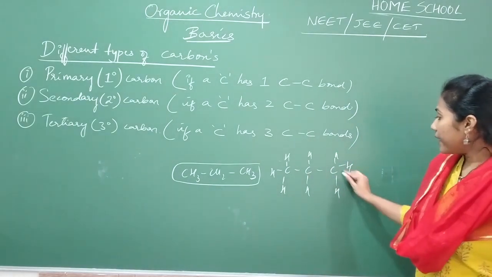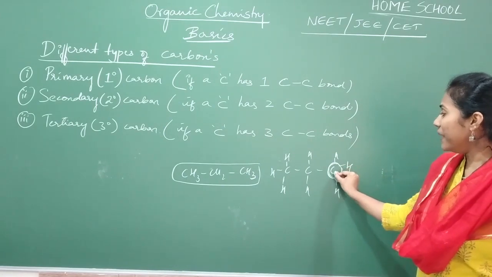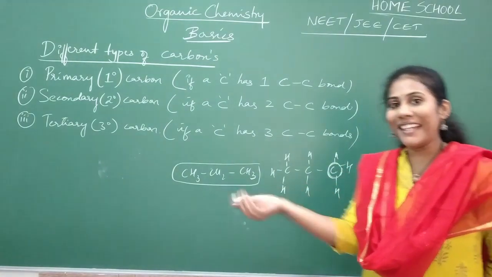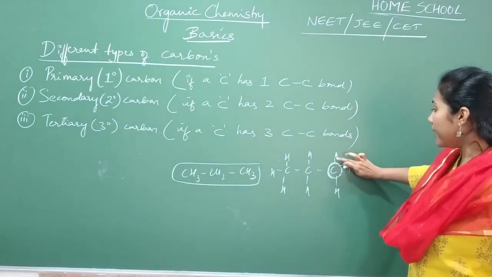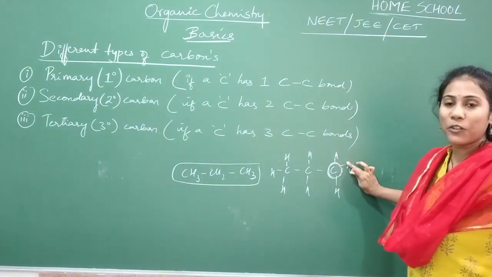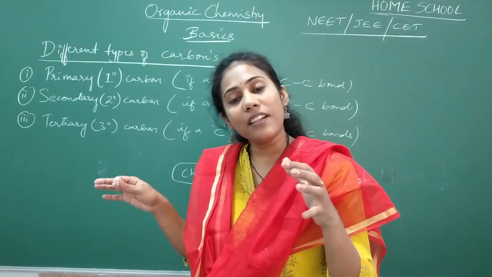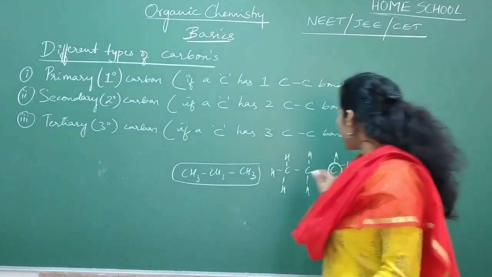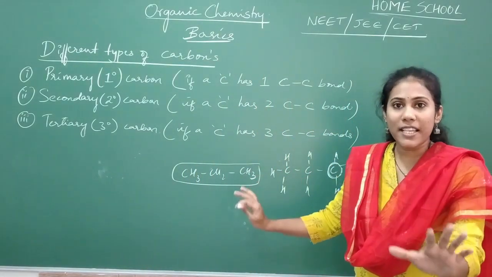Look at this carbon, the first carbon I am taking. How many bonds are there with another carbon? It has 3 bonds with hydrogen, but I am not talking about the bonds with hydrogen. I want to concentrate on the bonds with another carbon. Every carbon has 4 bonds around it.